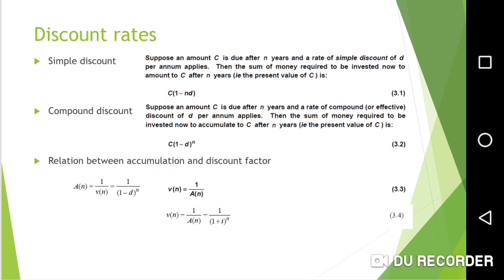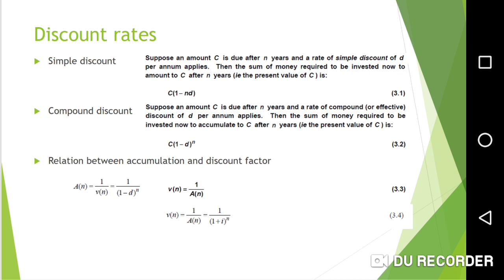So what are the various discount rates? Similar to interest rates, there are multiple discount rates, like simple discount rate and compound discount rate, and the relationship between the accumulation and discount factor. In the case of discount rates, we always calculate from the accumulated value. Suppose an amount C is due after n years, so the value after n years is C, not the value invested in the first year.